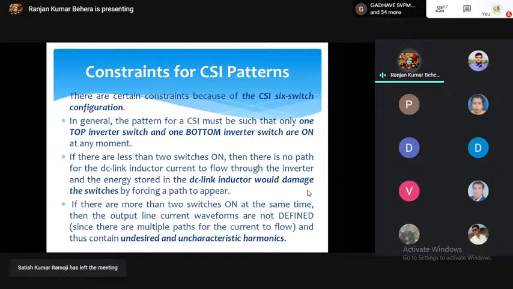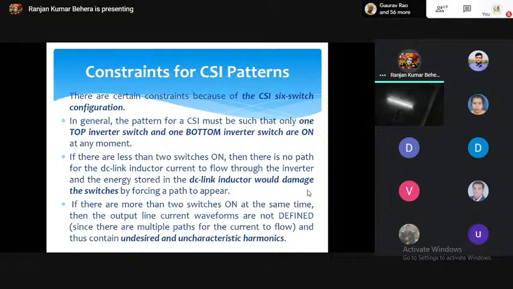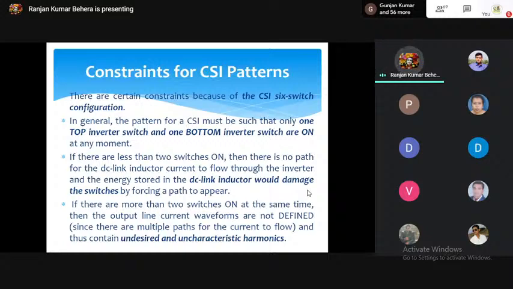If there is no switch on from the top or the bottom, there will be no constant current flow, and it may damage one of the switches. So we must know there must be a continuous conduction path through one switch at the top and one at the bottom.